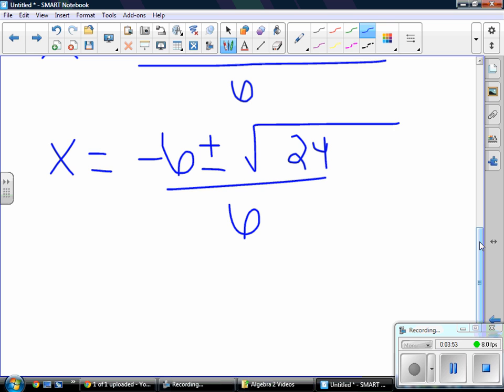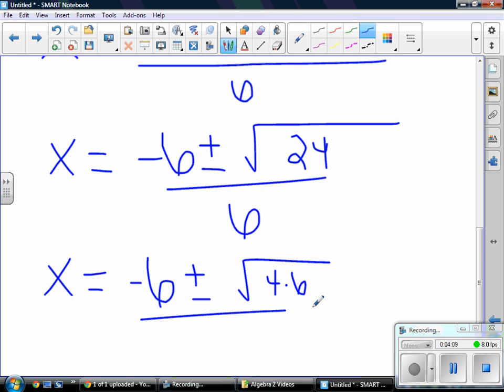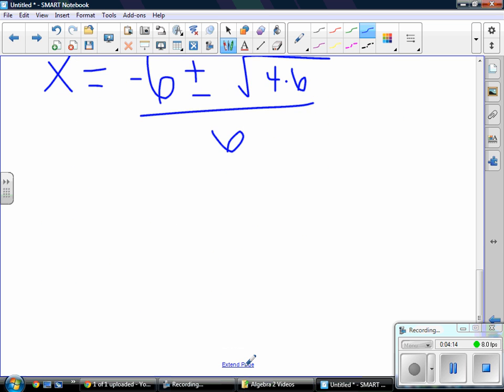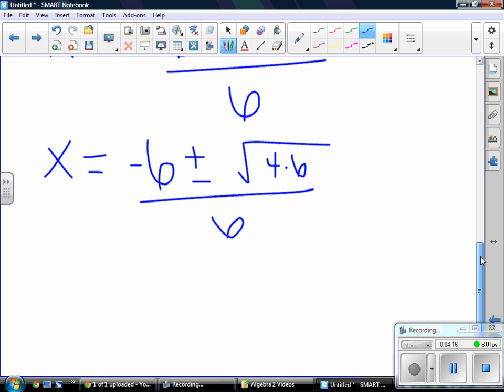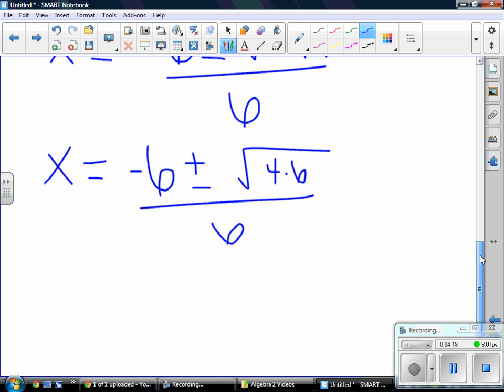Now, if we had to graph this, it would be more helpful to change it into a decimal so you actually know what that is. So since they are leaving it in radical form, I'm going to rewrite this 24 as 4 times 6, right? That's equivalent to 24. So I want to simplify that radical. So I'm going to think, okay, what is the square root of 4? Well, that's 2.